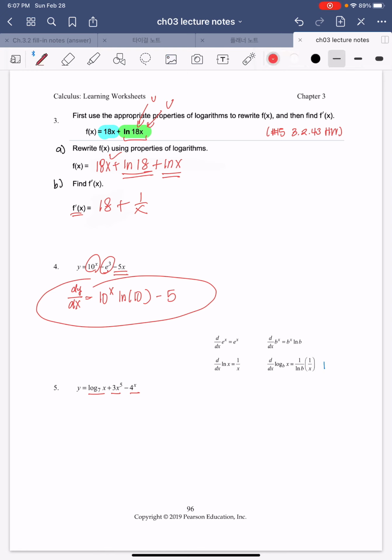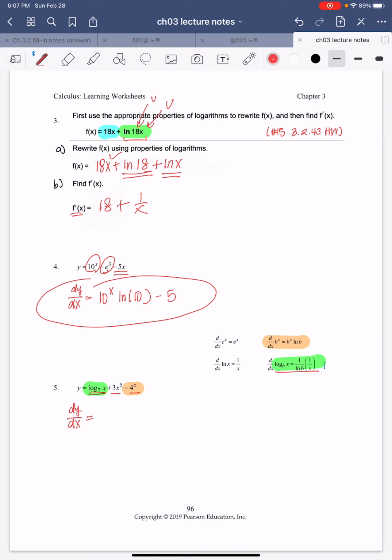The first one seems like I can use this one here. Log x base 7, so that's my b. 3x to the 5th is an easy one, the usual one we learned in chapter 2. The third term, negative 4x, is like this one, b to the x. x is in the exponent. Okay, so let's apply. dy over dx.